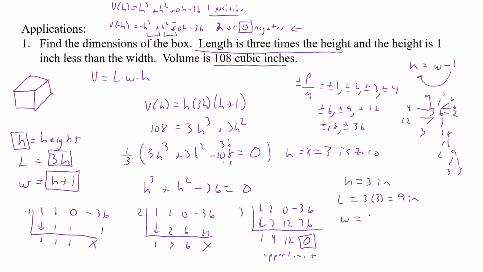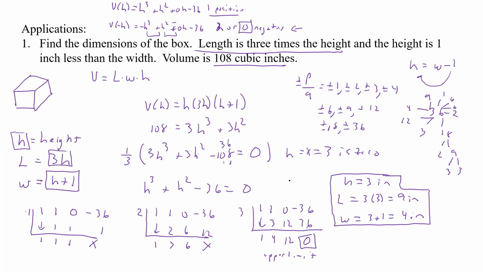And the width is equal to 3 plus 1, which is equal to 4 inches. Now, what does that give us? Well, 9 times 4 is 36. 36 times 3, well, we said that was going to be 108 because we divided by 3 and got 36. So that does make sense for our volume. And so those will be our real zeros here.